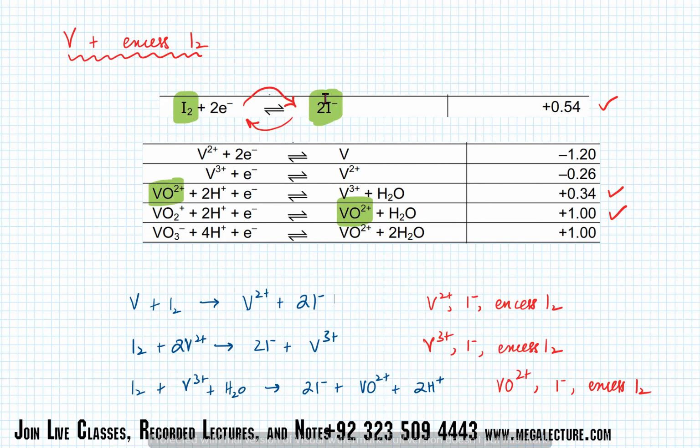So वो मसला होगा कि nothing will happen. Reduction minus oxidation potential will come out to be 0 because it's the same potential, 0.54 and 0.54. So no reaction or no net reaction would happen at this point. So after this point, you don't have a further reaction. So is this clear कि यहाँ पे आके ना चीजें stuck हो गई हैं? Nothing is happening after this. ये clear है?